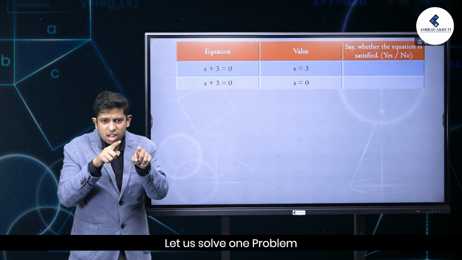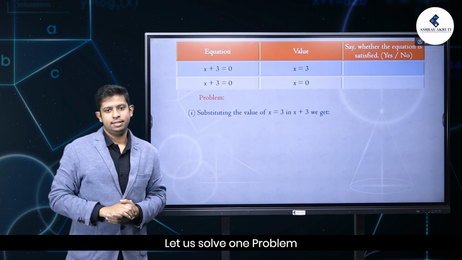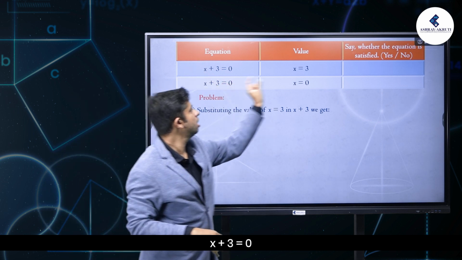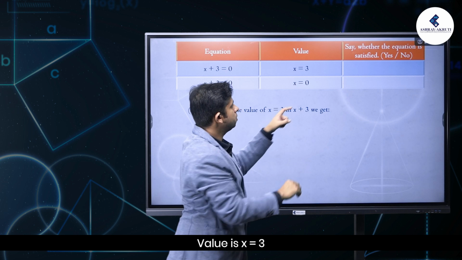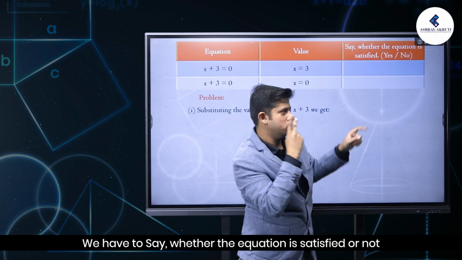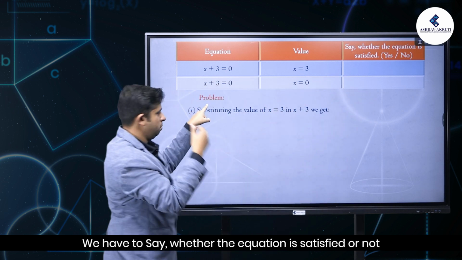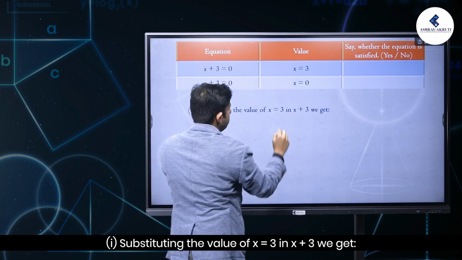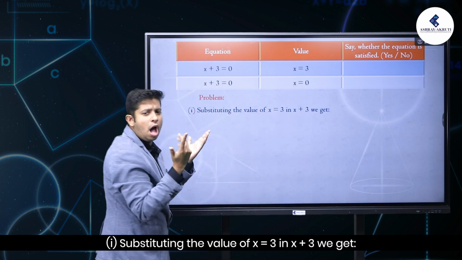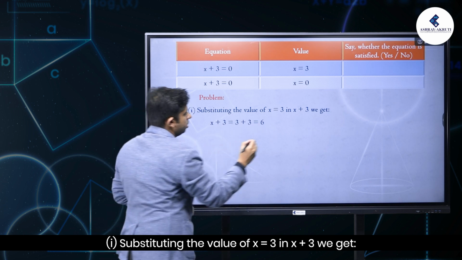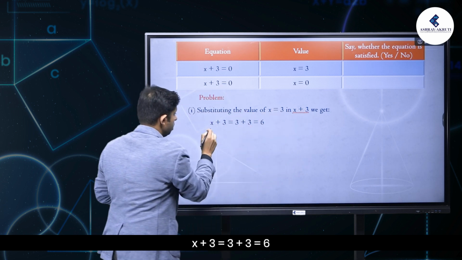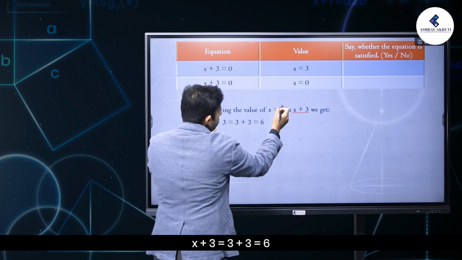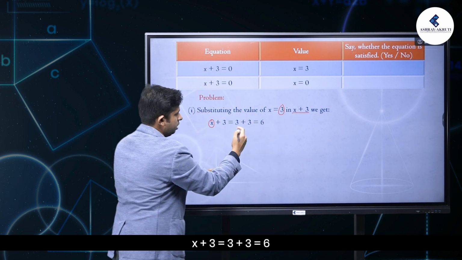Let us solve one problem. The equation is x plus 3 equals 0. The value is x equals 3. We have to say whether the equation is satisfied or not. First, substituting the value of x equals 3 in x plus 3, we get x plus 3 equals 3 plus 3 equals 6.